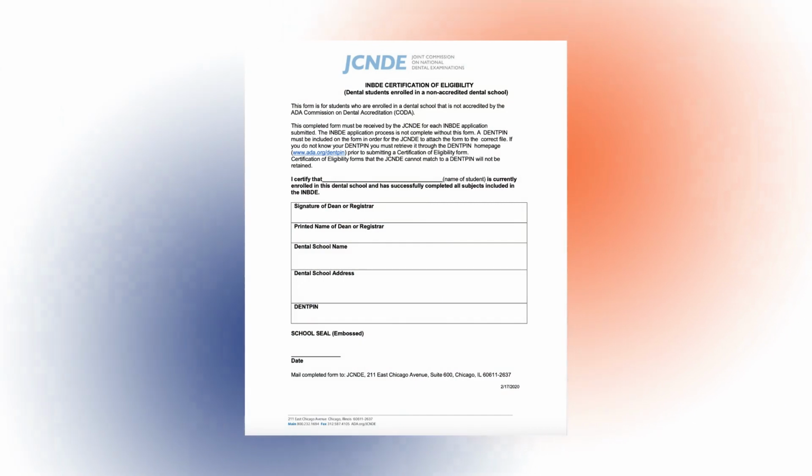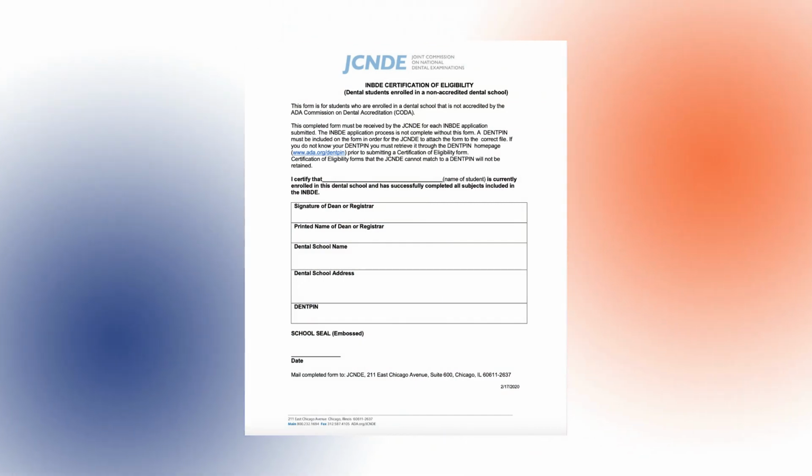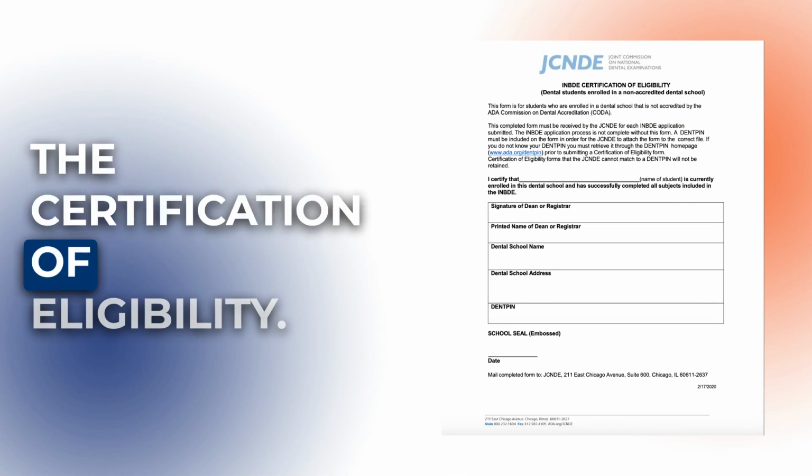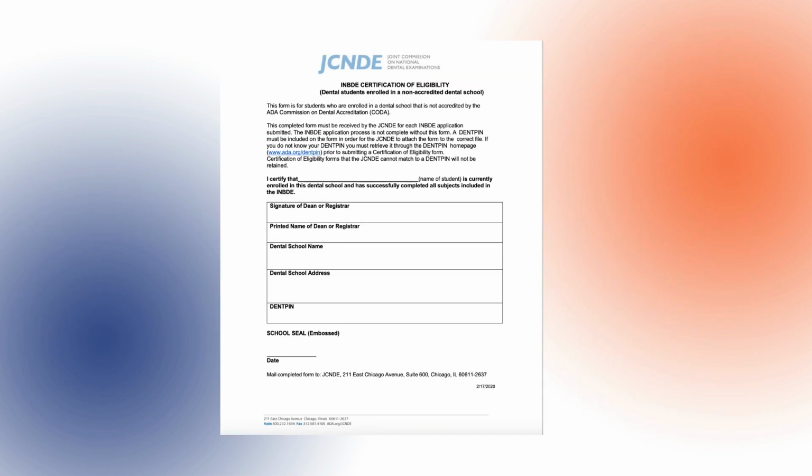If you are a dental student from a non-accredited dental school, which means you haven't graduated yet, there is an additional form that you need to send to the JCNDE, which is the certification of eligibility. It's a piece of paper that you need to print out, fill in, have signed by your dean's office, and mail directly to the JCNDE office. There is a link in the description as well to retrieve this form.